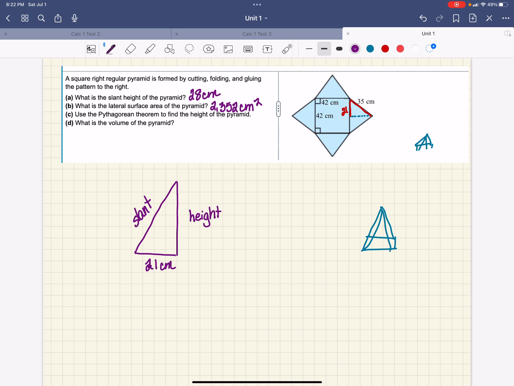That's the base. Okay? Now my slant is 28. So again, you got to be careful with what you're looking for right here. Okay? You got to be careful with that. So now we've got a right triangle, and we're looking for this side right here. Okay, so how do we do that?